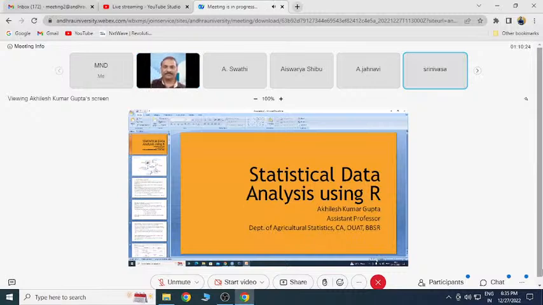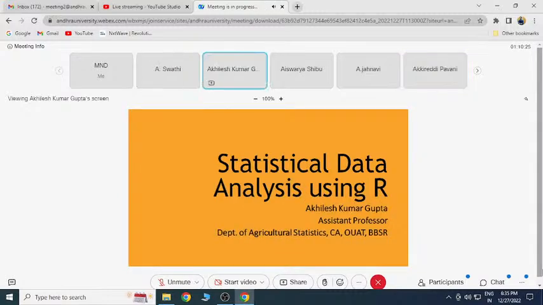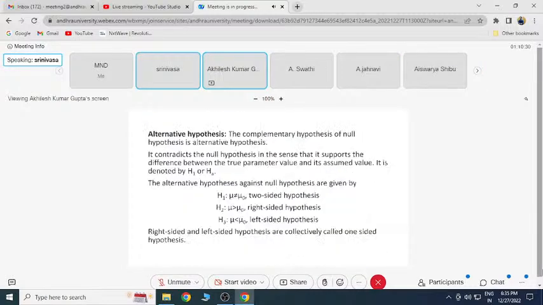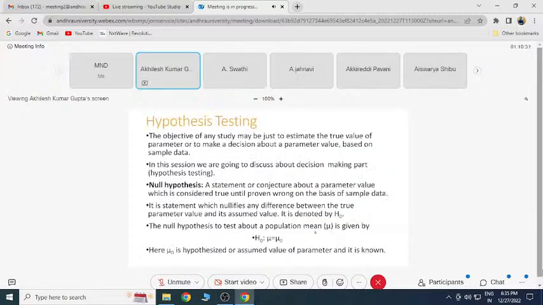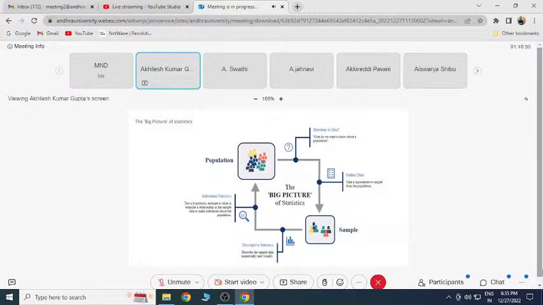Yes, it is visible. So first, we will start with our hypothesis testing problem. In my topic, we have Z test, T test, F test, and chi-square test. Why we do hypothesis testing is this: this is one picture that I want to share, the big picture of statistics.